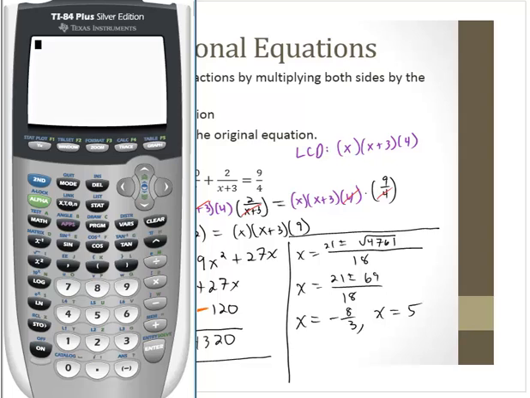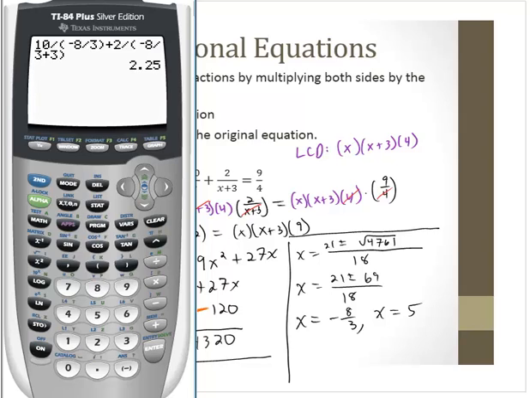I'll use the calculator. So let's see, 10 over the first x value, negative 8/3, plus 2 over, I need negative 8/3 plus 3. I'll close that off and hit enter. 2.25 is 9/4.